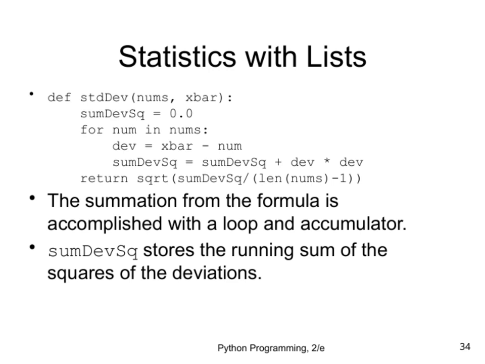So, in essence, the loop handles the summation of squared deviations, and the final return statement completes the calculation by applying the square root. This method highlights how Python can efficiently perform statistical calculations with simple loops and accumulators, making the process both clear and adaptable for various data analysis tasks.